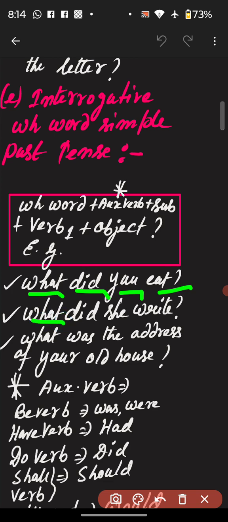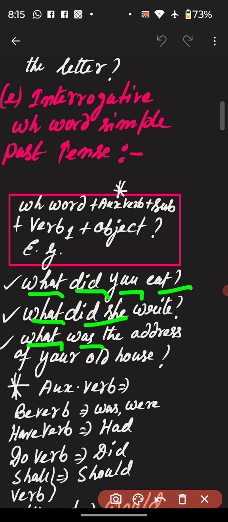What did she write? Again the same, WH plus did plus subject plus principal verb in present form. Next, what was the address of your old house? Here again first the WH word, but the point to be remembered is that we are not taking the auxiliary verb as did, here we are taking the auxiliary verb as was. What was?